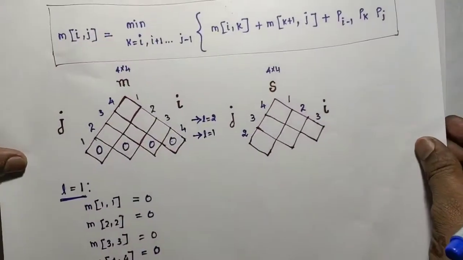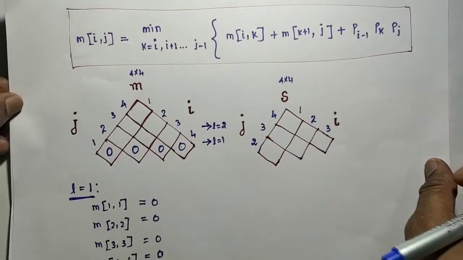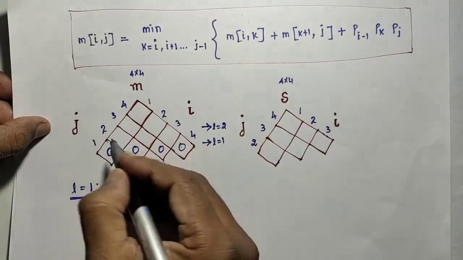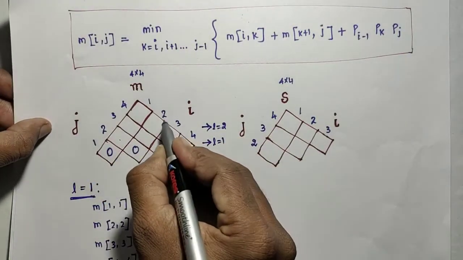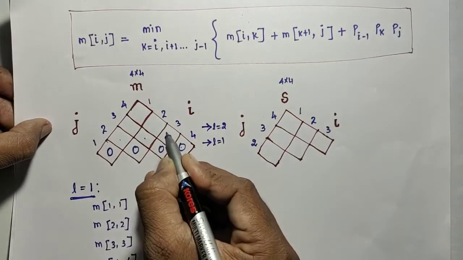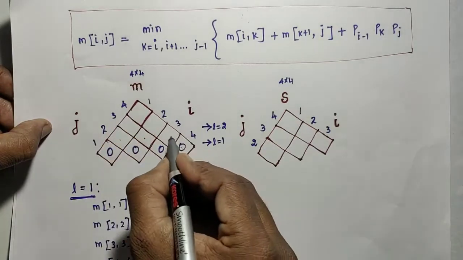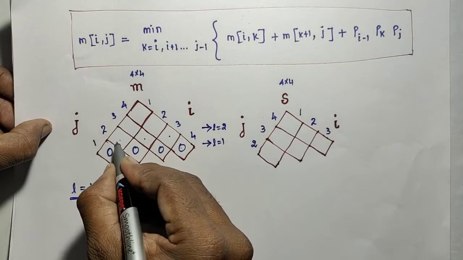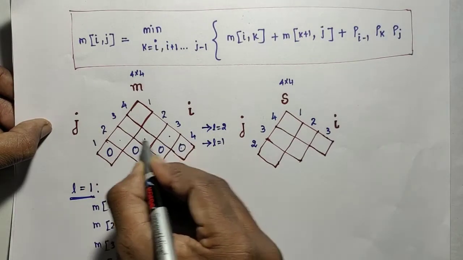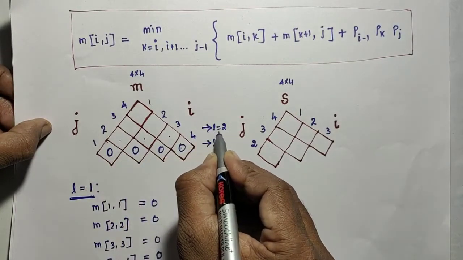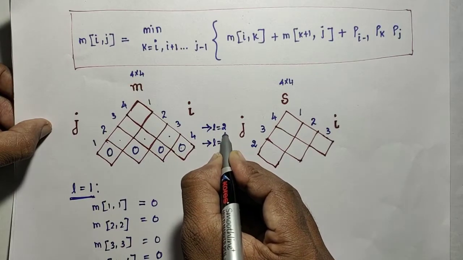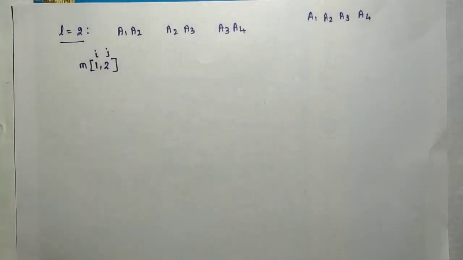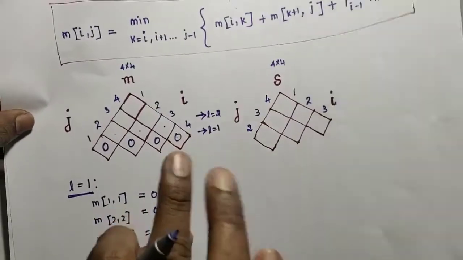In the diagram, just check: 1, 2 is here, 2, 3 is here, and 3, 4 is here. These three need to be determined. So these three fields are nothing but length equal to 2, and that is what we are going to find. So we filled this one.